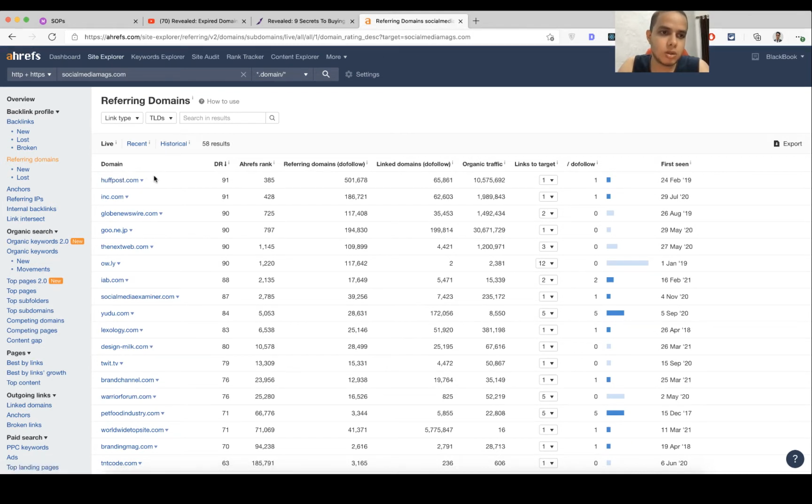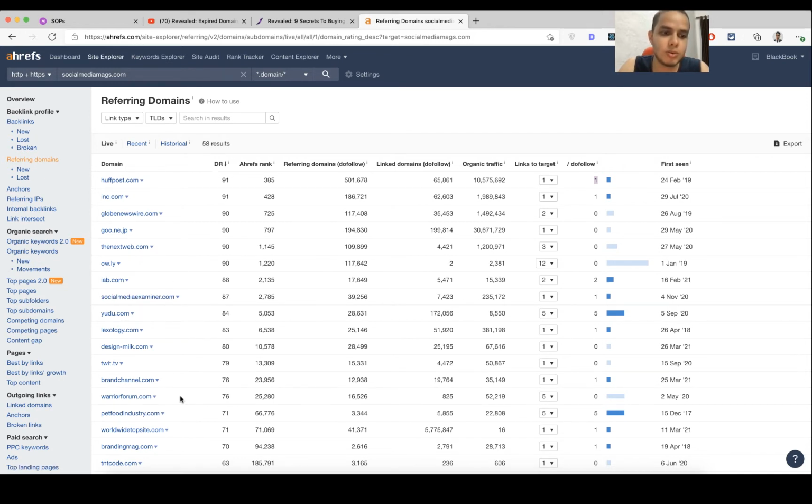So this was mildly spammed, but I bought this at a registration price and it worked out. So a good site will have do follow links from a lot of good websites. So this says that it has one do follow link from HuffPost.com, which is a very high authority site. From Inc.com it has a do follow link, and it has a lot of good links from a lot of high authority websites.